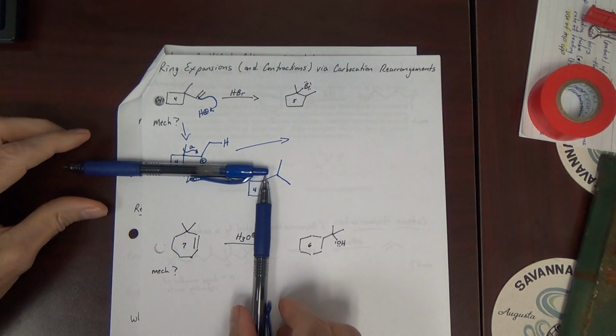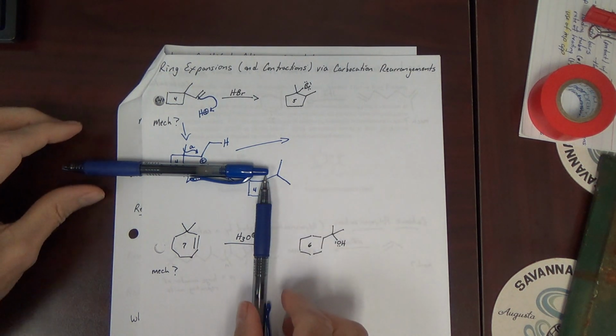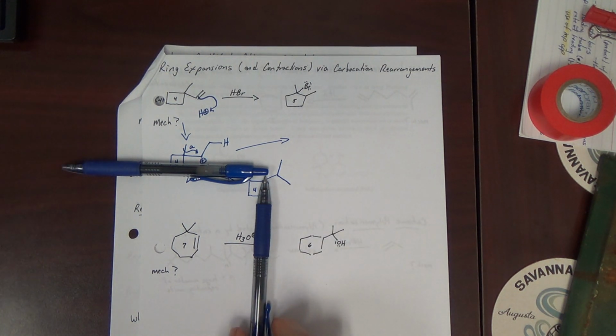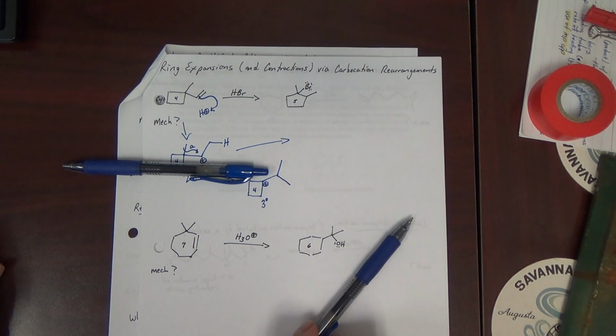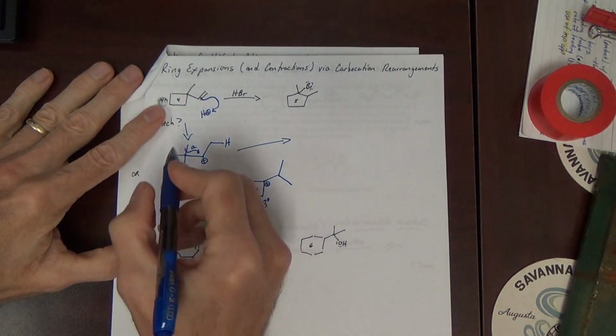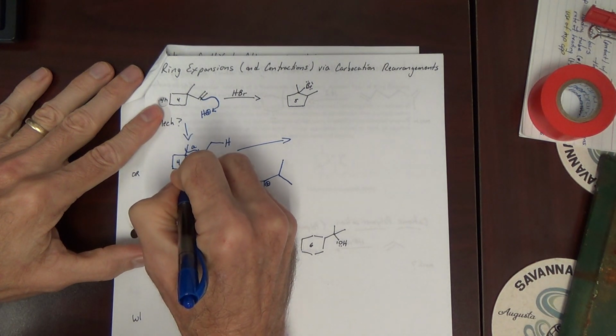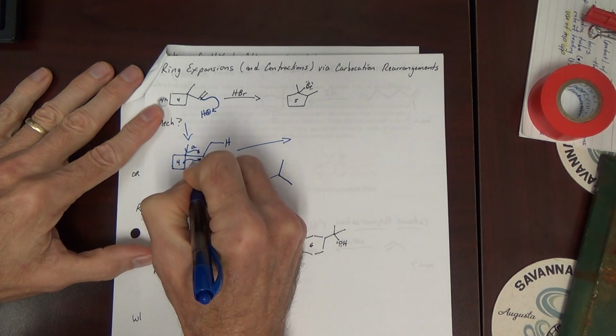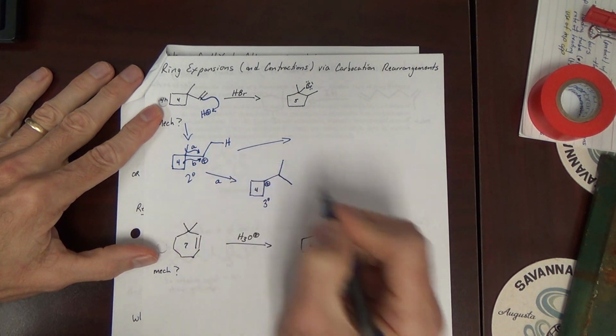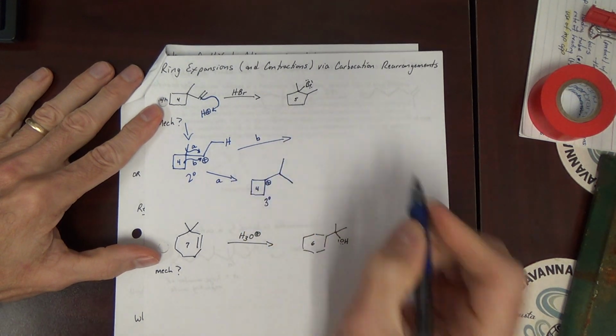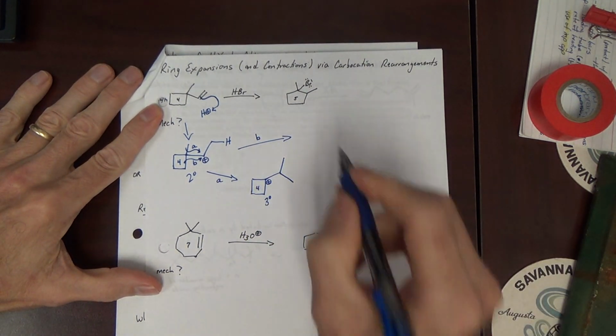What if instead we take another bond and move it over? The bond to this carbon instead of the bond to the upper carbon, and move it over. Let's call that B. That's the A. B is going to give what?